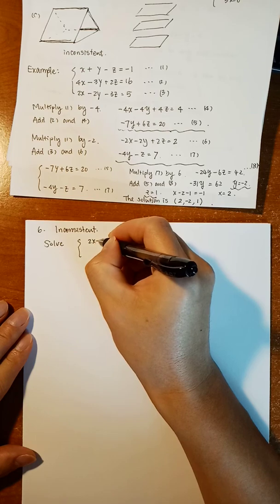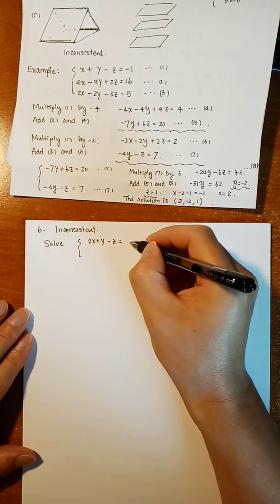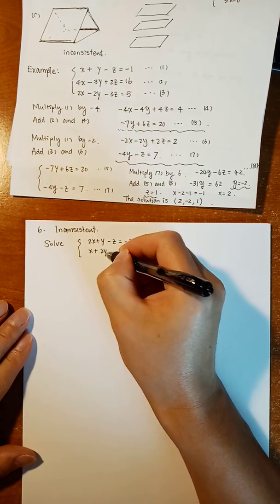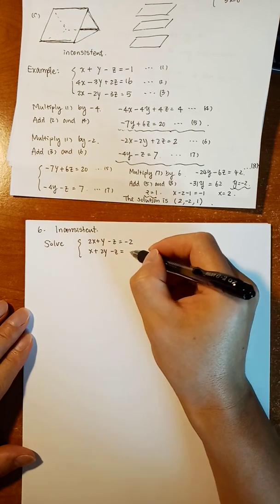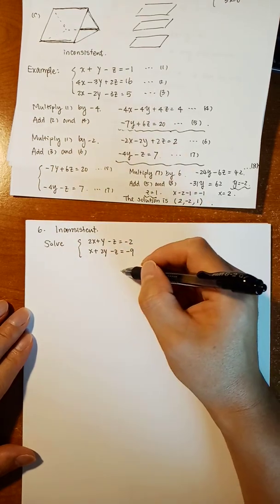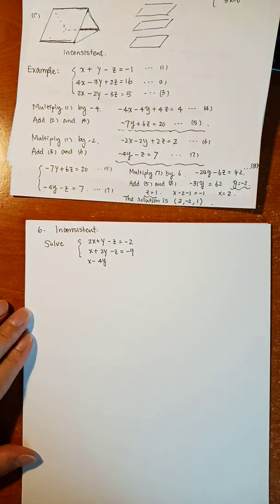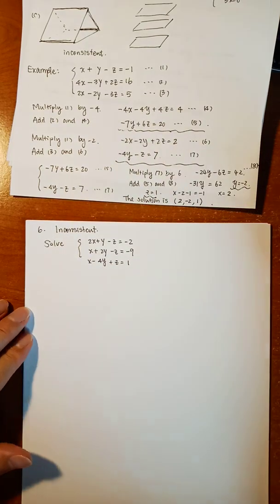We have 2x plus y minus z is equal to negative 2. x plus 2y minus z is equal to negative 9. x minus 4y plus z is equal to 1.